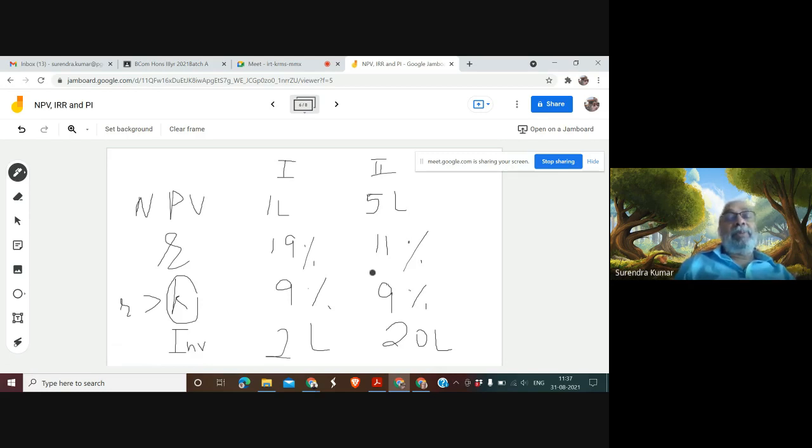But which project is better? Now we find again an important difficulty, because these two projects are not exactly comparable. Why are these two projects not comparable? Because their investment values are different.